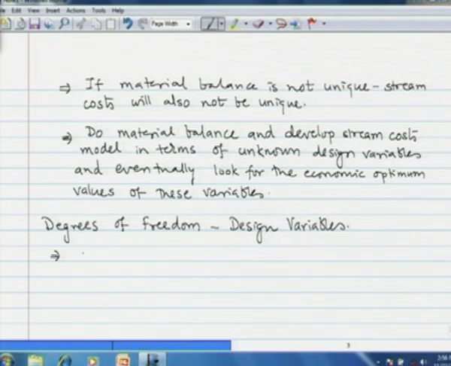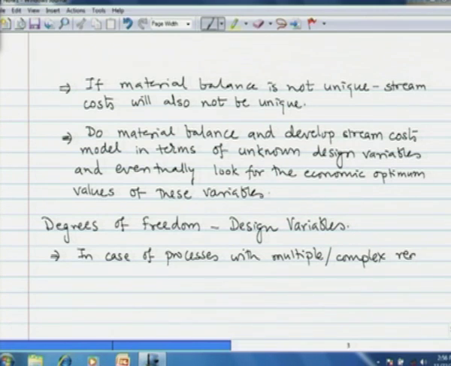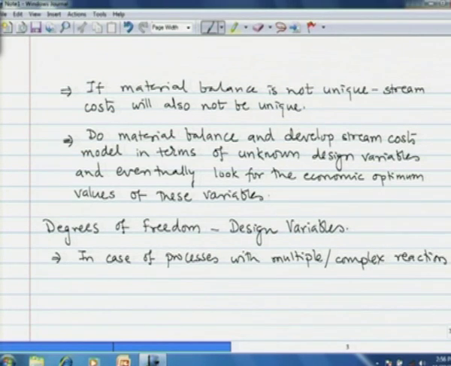In case of complex reactions or processes that involve multiple reactions, there will always be correlation of distribution of the products in terms of the process variables. Okay.